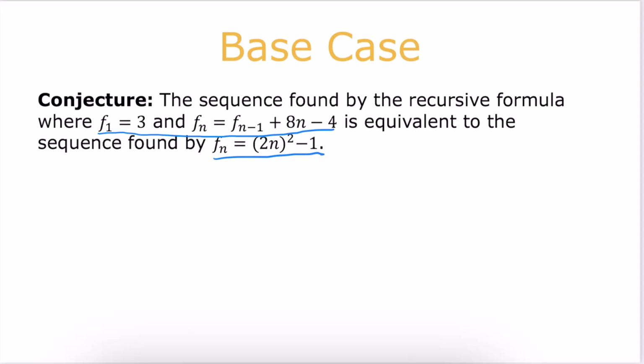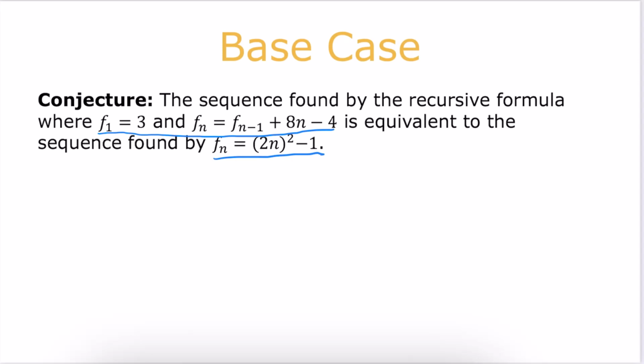I would say the sequence found by the recursive formula where the first term is 3 and the nth term is the term right before it plus 8 times n minus 4 is equivalent to the sequence found by the explicit formula where the nth term is 2 times n, you square that number and subtract 1.